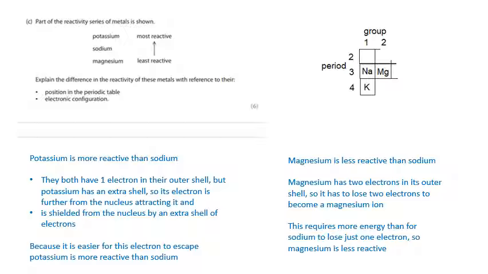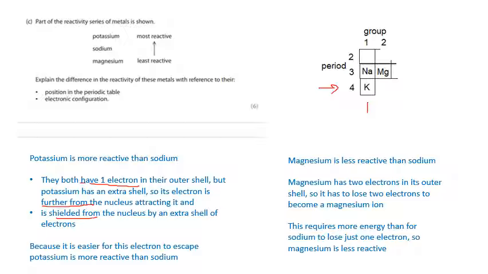I'll go through that again. They both have 1 electron in their outer shell because they're in group 1. But potassium has an extra shell because it's in period 4, so its electron is further from the nucleus, and it's shielded by that period 3 shell.